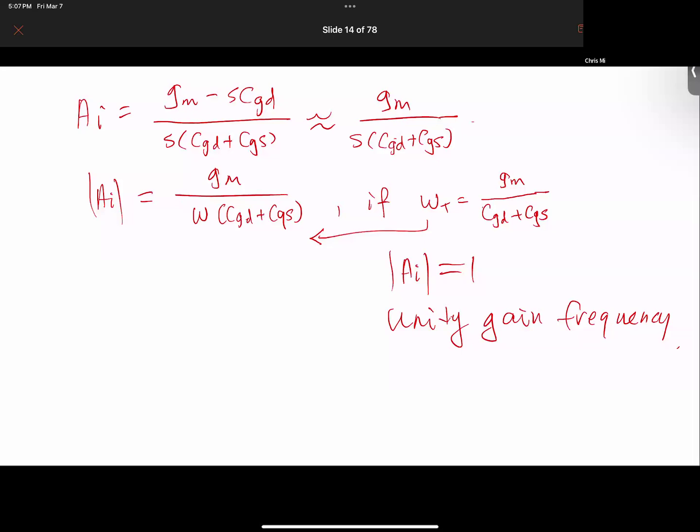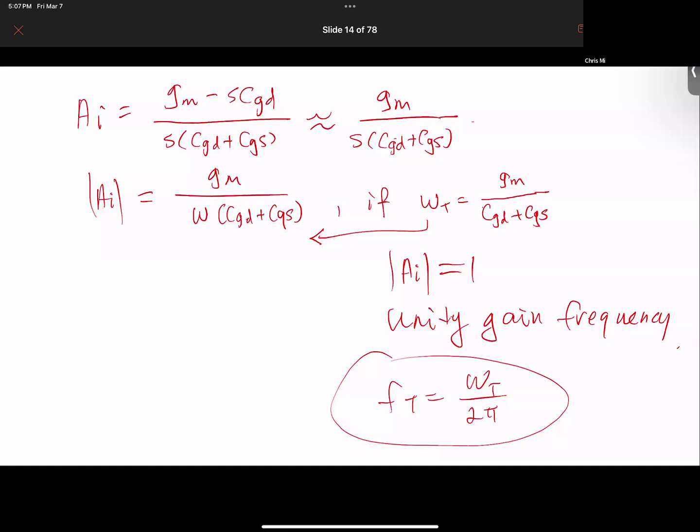If you further increase frequency, your gain decreases further, and your amplifier is no longer working properly because the gain is now too small. So we want to identify this unity gain frequency called omega t, and from omega t, you can get ft equal to omega t over 2 pi.